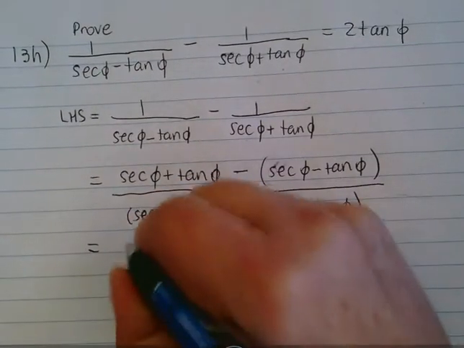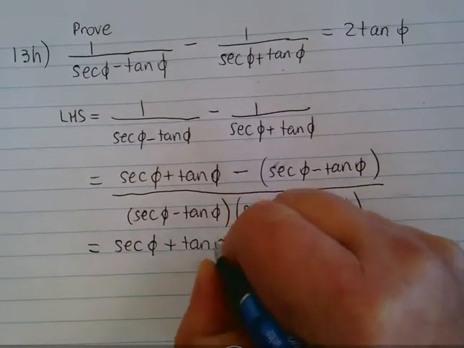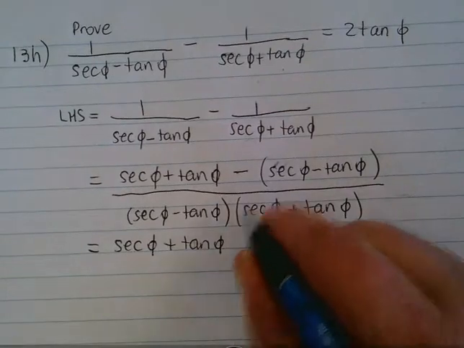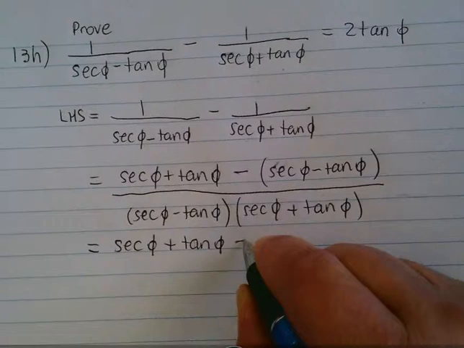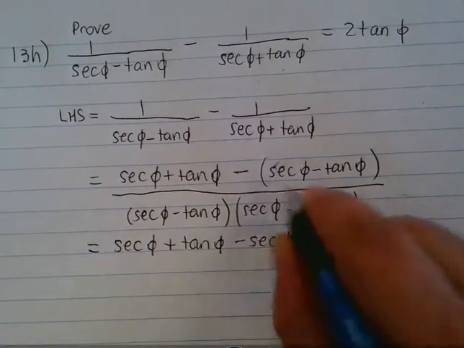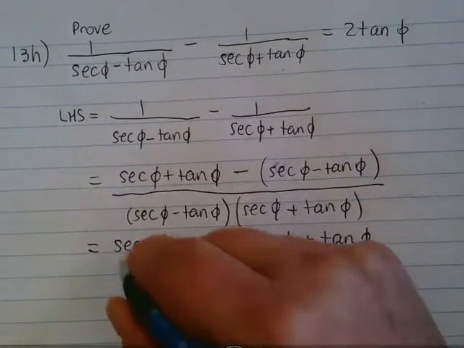So what have we got? Let's open up the numerator. Sec phi plus tan phi. What do I write now? Come on. Plus or minus? Minus sec phi plus or minus tan? Plus over.